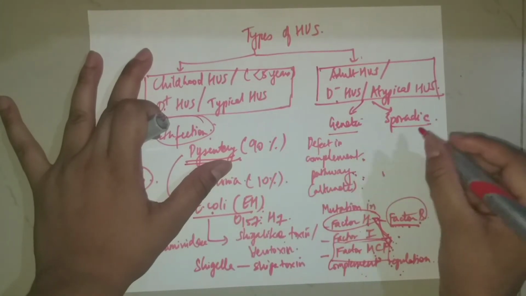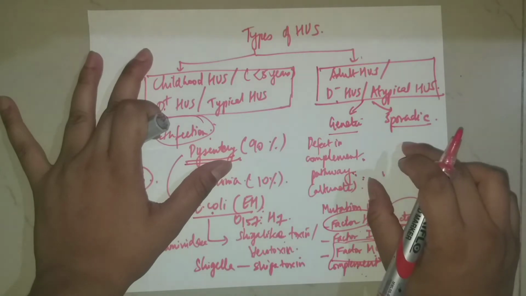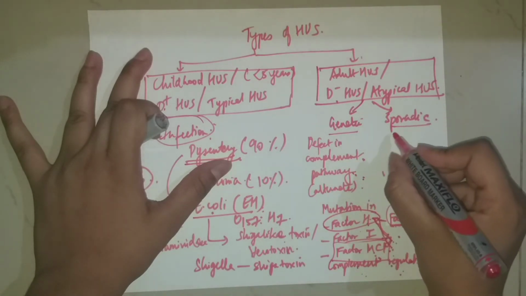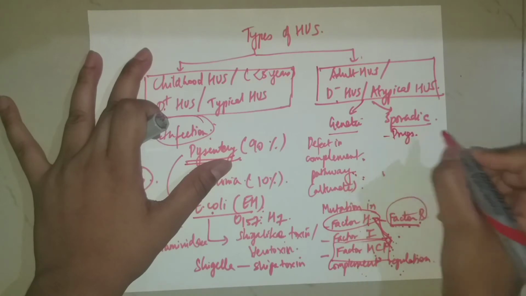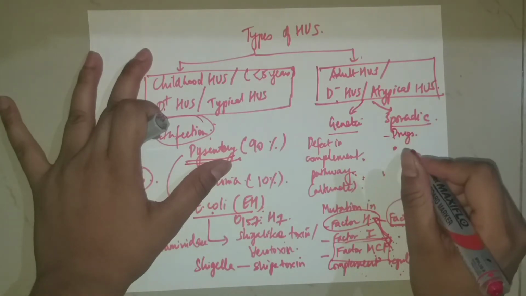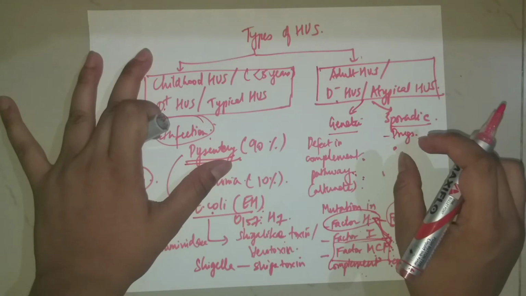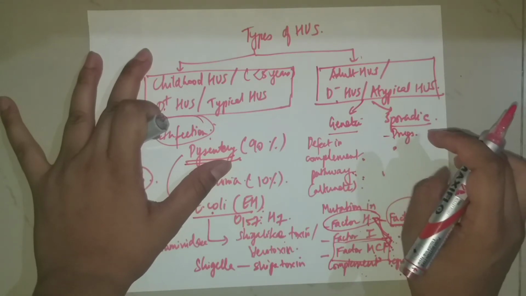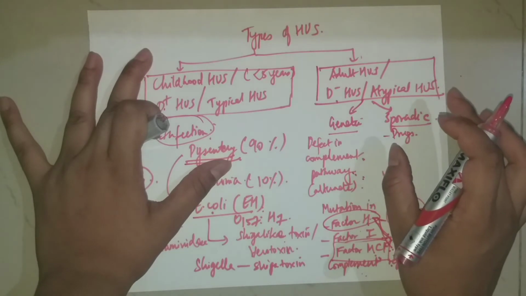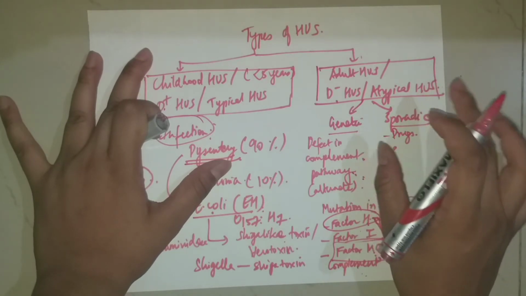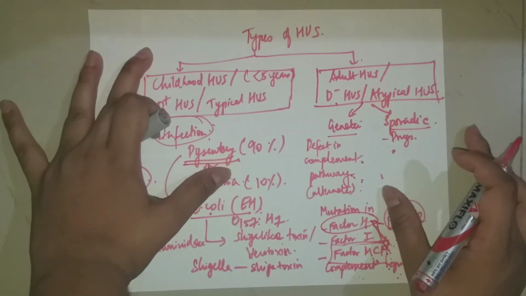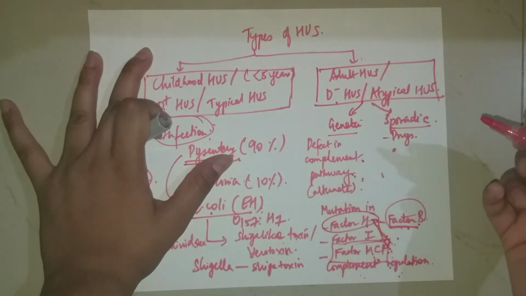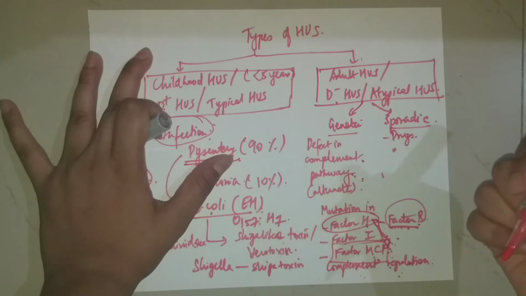Now sporadic HUS is caused because of a few things. Either it can be drugs. Now the drugs can be some immunomodulators like cisplatin, gemcitabine, also tacrolimus, cyclosporin, clopidogrel, etc. So such drugs can also cause HUS, maybe because of endothelial injury.